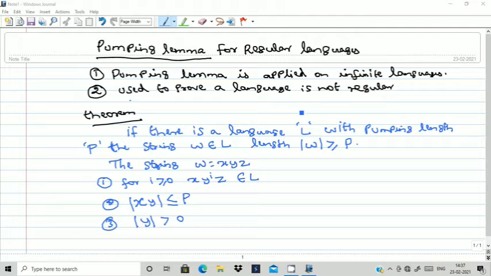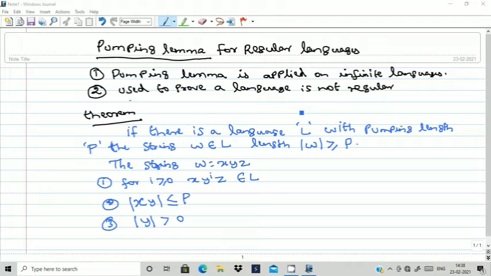The theorem for the pumping lemma is, for example, if you take up the language L with pumping length P, then a string W is generated that belongs to the language, and the length of W is greater than or equal to the pumping length P. The string is divided into three portions called X, Y, Z. Now we have to follow three conditions.